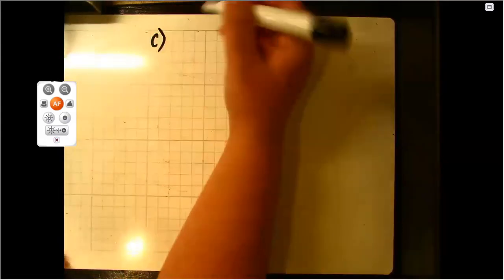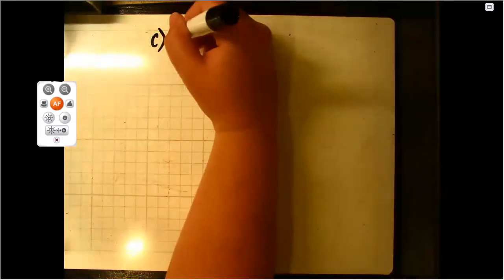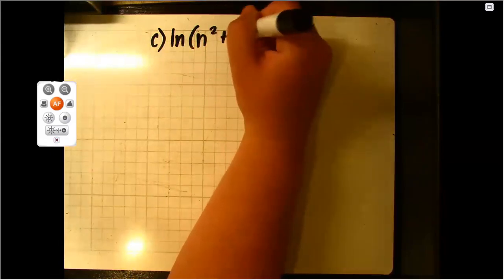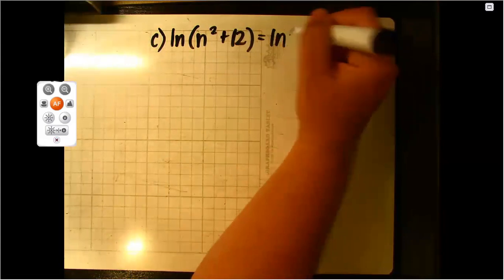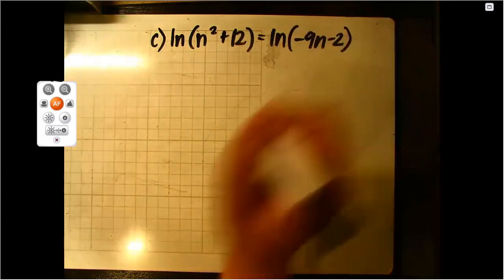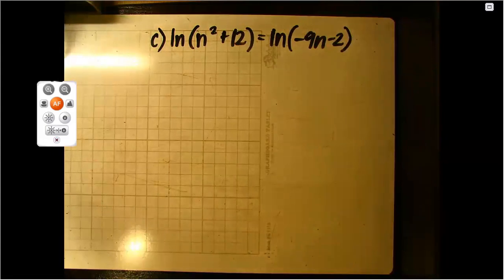All right, for part C, we're going to switch to natural log. All right, remember natural log has all the same properties as log. It's just a special kind of logarithm.